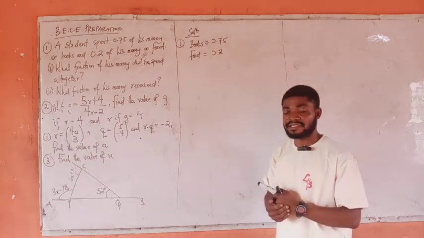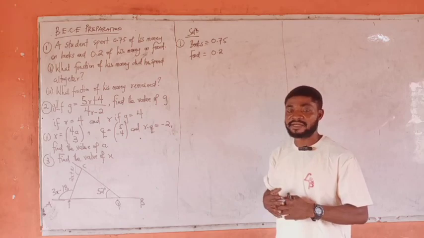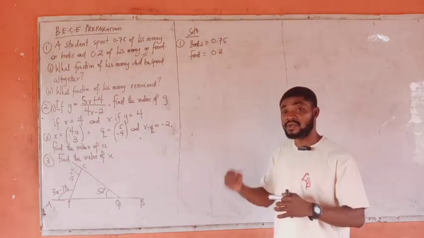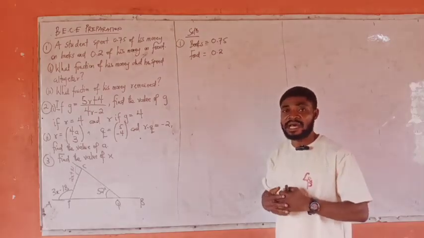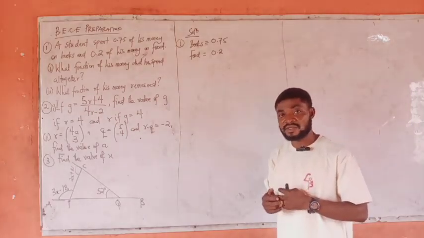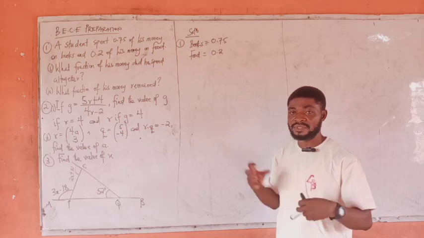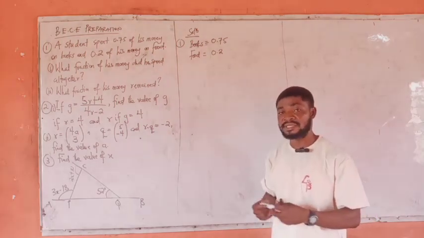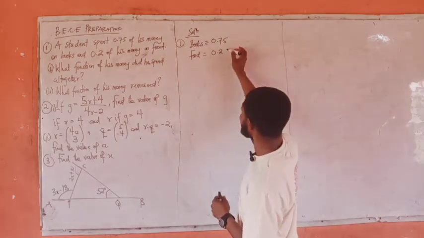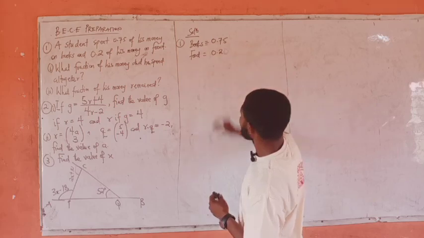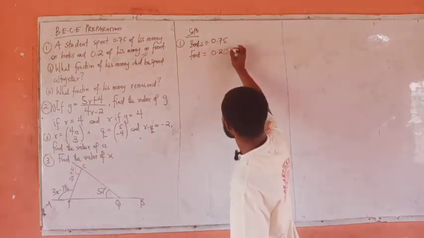Because the first decimal is up to two decimal places, I have to make sure the second decimal is also up to two decimal places, so that when I sum it, I'll be able to work it out easily. So I have 0.2 the same as 0.20. If I want to get the fraction spent altogether, I sum these two.